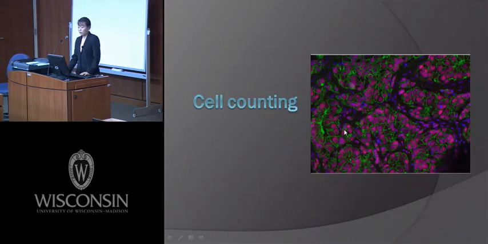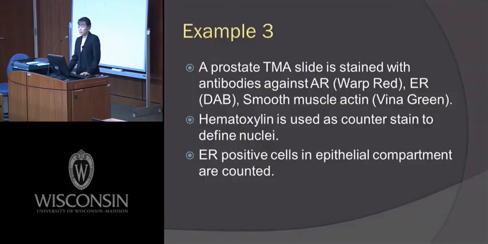So move on to the next category, cell counting. We did an experiment using a prostate TMA slide stained with AR, ER, and smooth muscle actin, just to see if ER plays a role in cancer development.